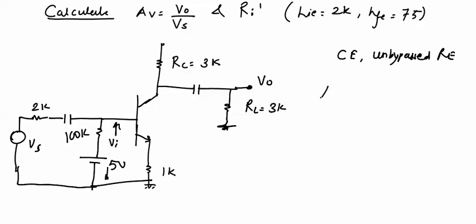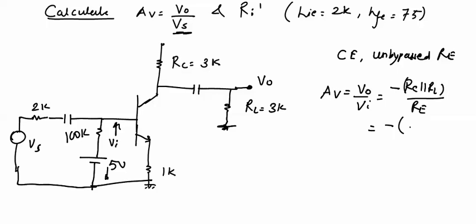For unbypassed RE, the voltage gain AV equal to V0 upon Vi, not V0 upon Vs. V0 upon Vi is equal to minus RC in parallel with RL upon RE. It is minus of 3K in parallel with 3K divided by 1K, equal to minus 1.5. So this is the voltage gain V0 upon Vi equal to minus 1.5.